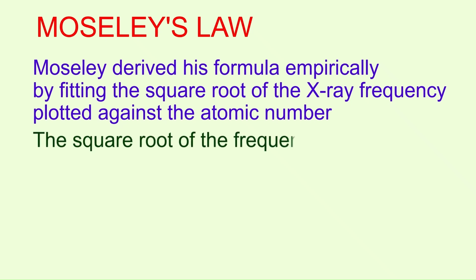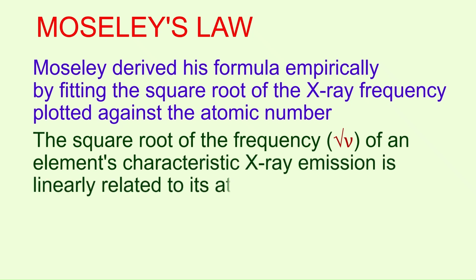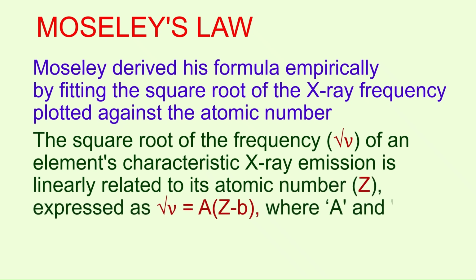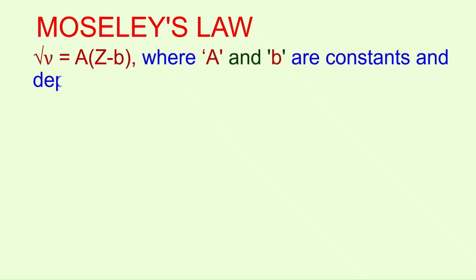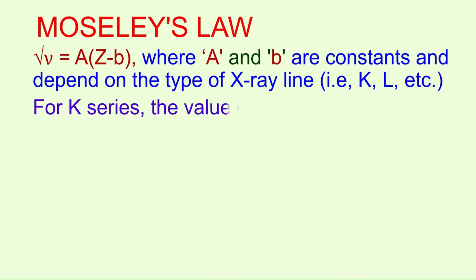The square root of the frequency, square root nu, of an element's characteristic X-ray emission is linearly related to its atomic number Z, expressed as square root nu equals A times (Z minus B), where A and B are constants and depend on the type of X-ray line, like K, L, etc.